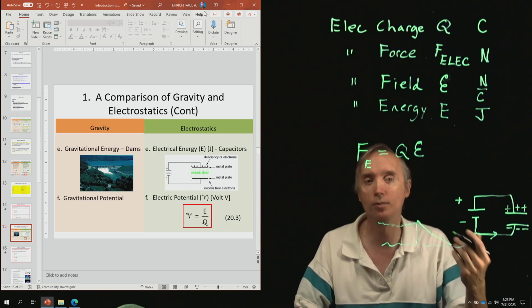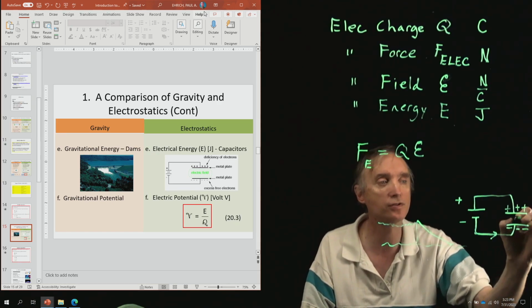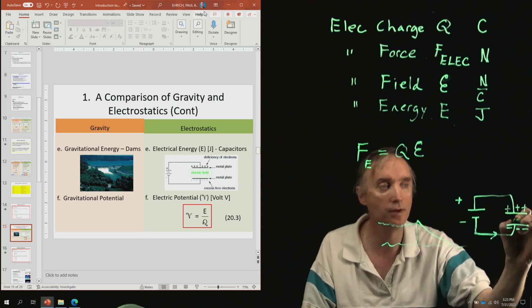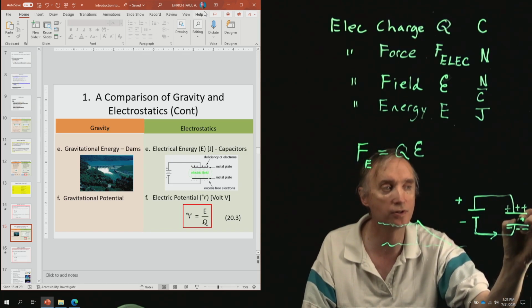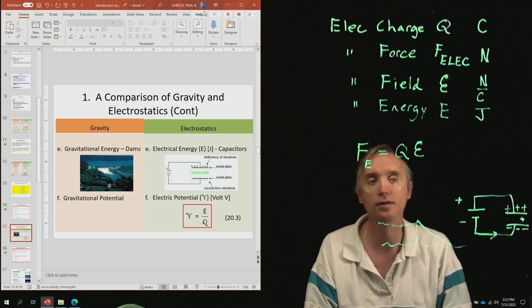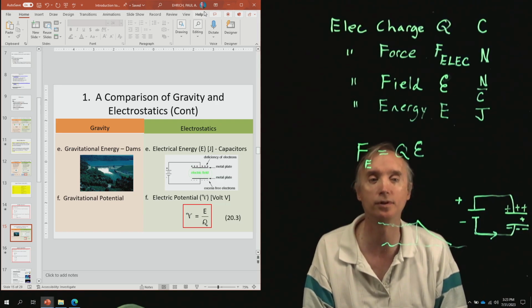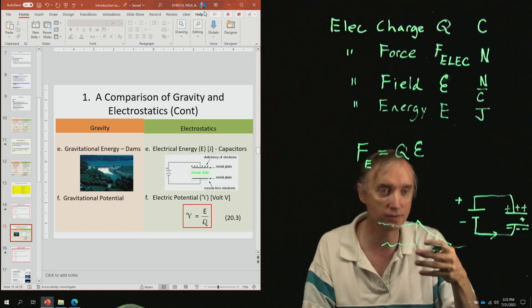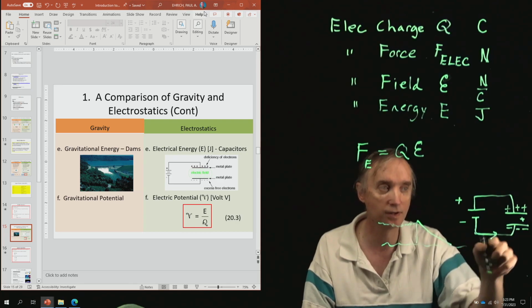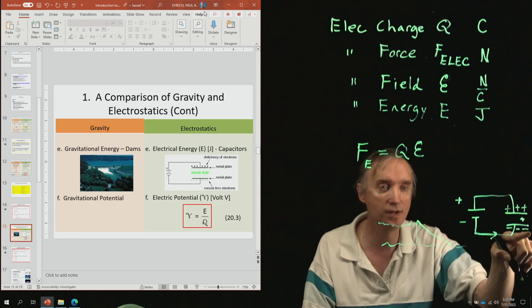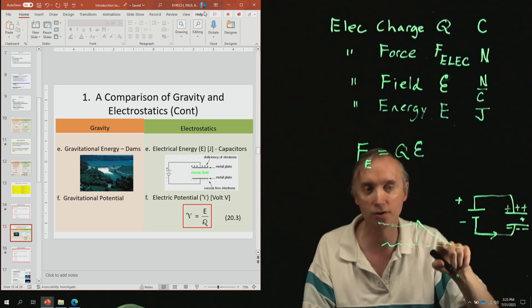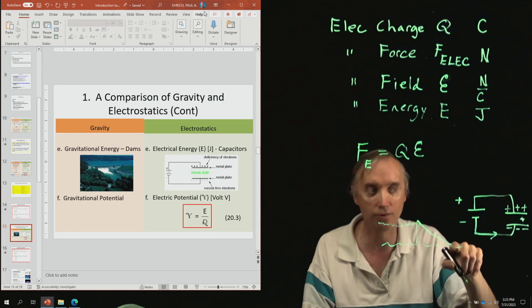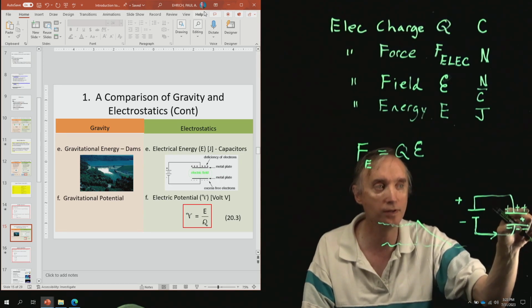Now what would happen if we took a teeny tiny positive charge and put it in between the plates? Opposites attract, so it would be attracted to these negatives, and like charges repel, so it would be repelled by these positives.